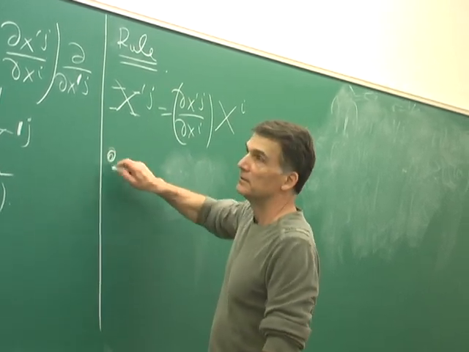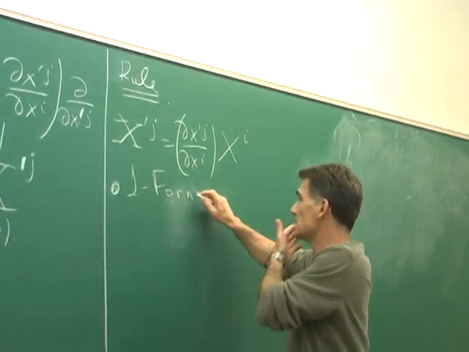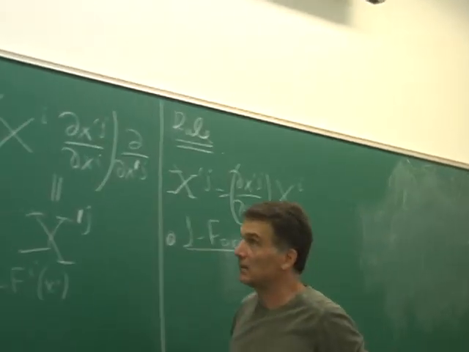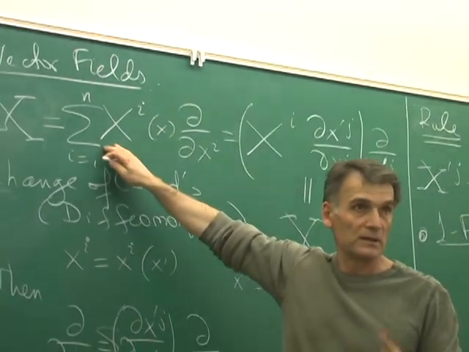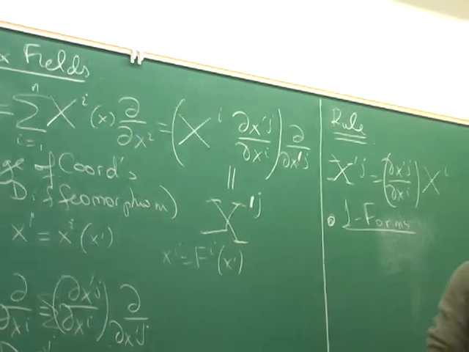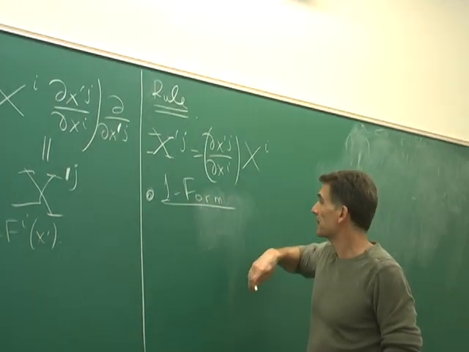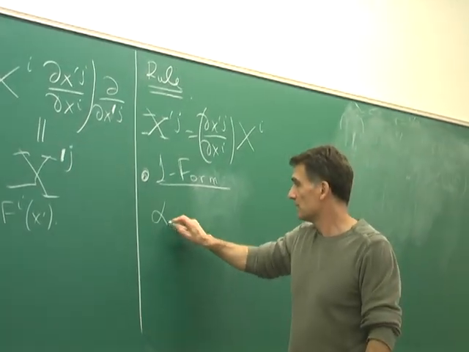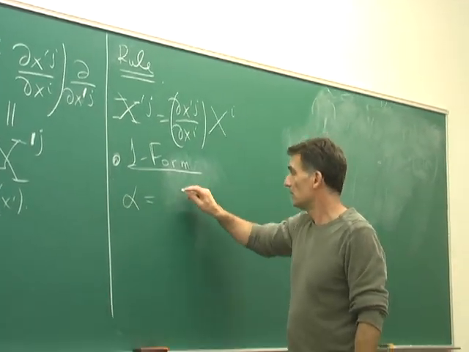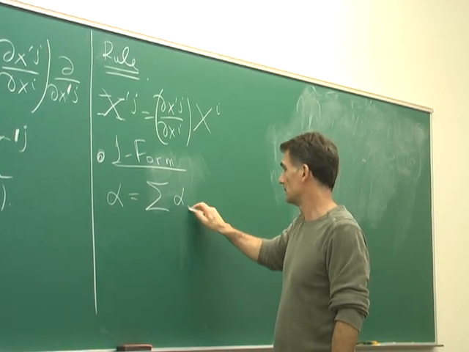So now if you have a one form, what is a one form? A vector field is a first order linear partial differential operator acting on some function. And a one form, let's call it alpha, is something that looks this way.